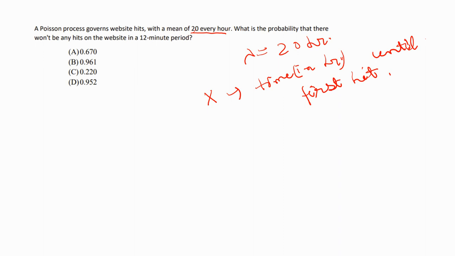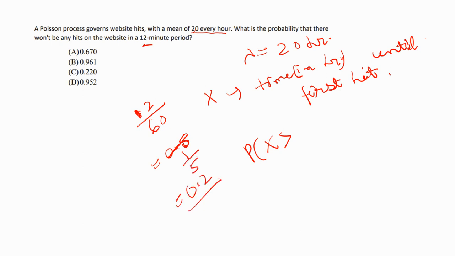So now we want to find the probability x greater than 12 minutes. So 12 by 60, it will be 1 upon 5, which is 0.2.